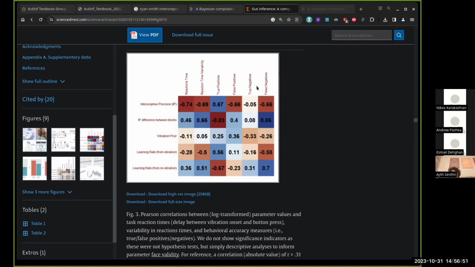These are just descriptive statistics. On the axis, the rows are precision, a difference in the precision prior, learning rate, and so on. So the rows are actually cognitive parameters. And then the columns are empirical descriptive statistics. Blue is a positive correlation and red is a negative correlation.